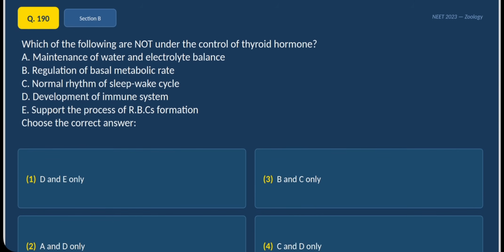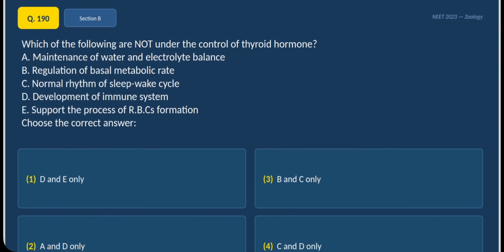Which of the following are not under the control of thyroid hormone? Maintenance of water and electrolyte balance, regulation of basal metabolic rate, normal rhythm of sleep-wake cycle, development of immune system, support the process of RBC formation. So incorrect statements you have to identify.